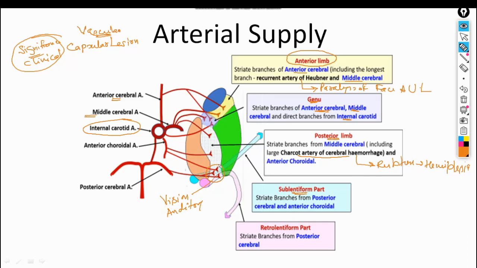So this area will get affected and result in visual and auditory defects.